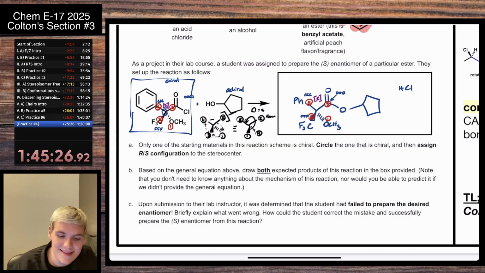That means this stereocenter, even though we don't react at it, gets changed from an S stereocenter to an R stereocenter because the priorities have been swapped. So if we know that this reaction is going to swap the stereocenter from S to R, then if we want to wind up with the S product, we have to start with the R enantiomer.